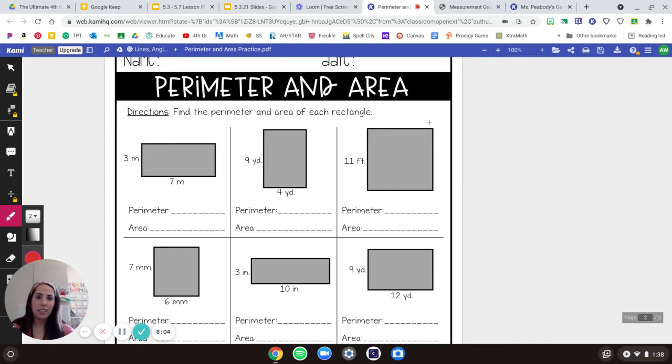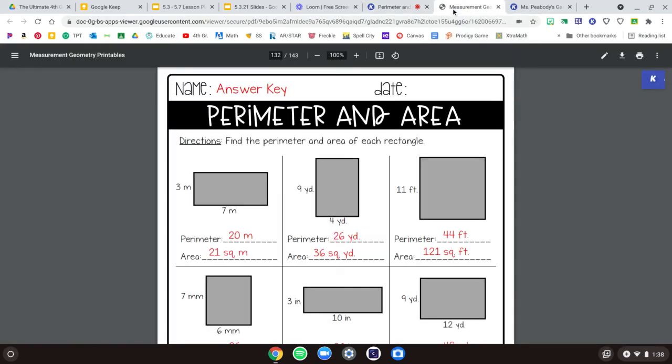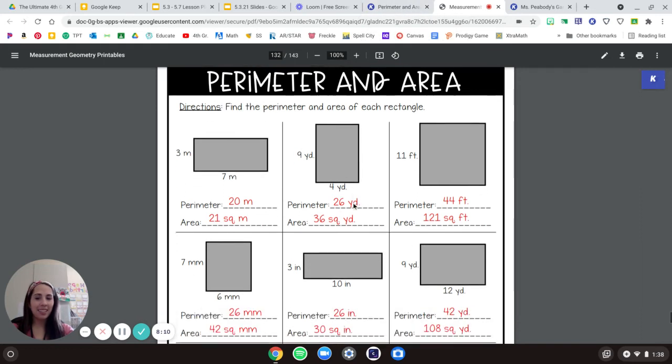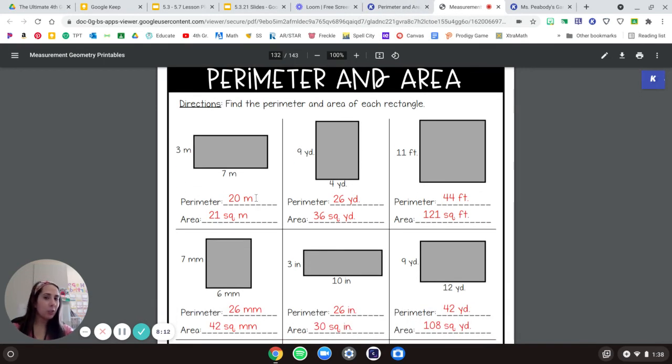All right, let's take a look at our answers. So we should have found that the perimeter for the first one was 20 meters and the area was 21 meters square or square meters.